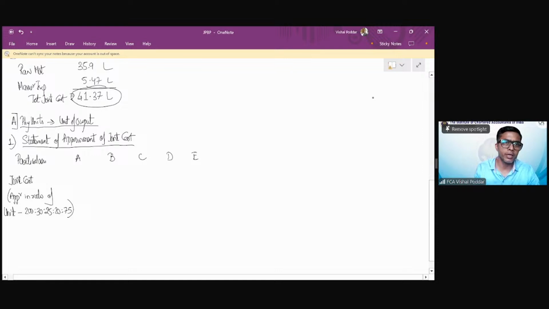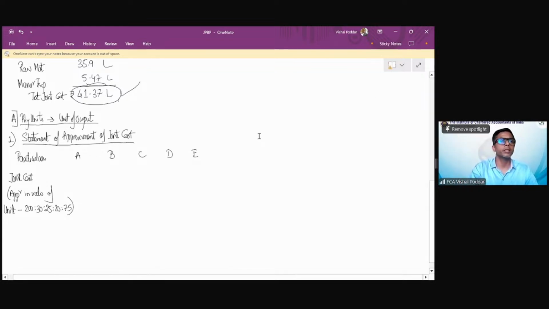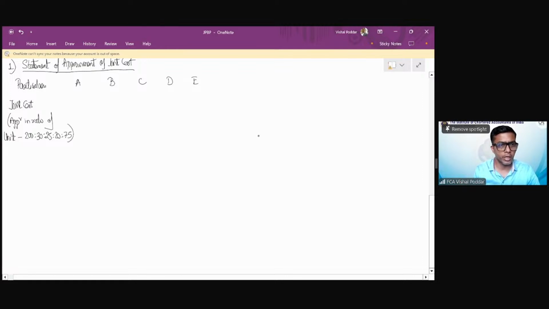Now you have to divide this amount, that is 41 lakhs 37,000, in this ratio. Once you do that, you will get the independent cost of each product A, B, C, D, E. That is my first step. You have to start doing that on your calculators.